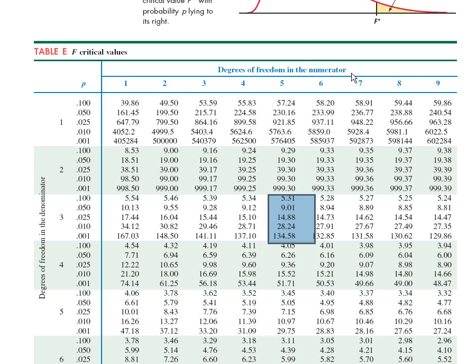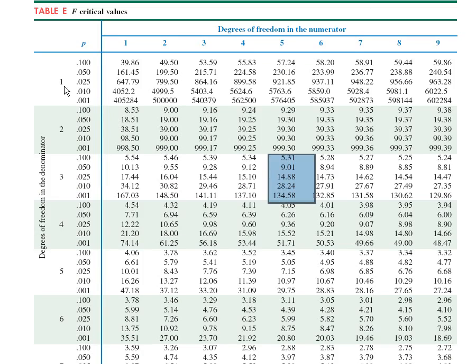So here it is numerator degrees of freedom, first column for 1 numerator degrees of freedom, and so forth all the way to 9. And most tables will go over several pages to go to 10 and 20 and 30 and 40 degrees of freedom in the numerator, and several more pages to cover all the possibilities in the denominator.